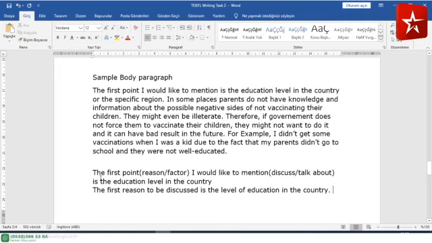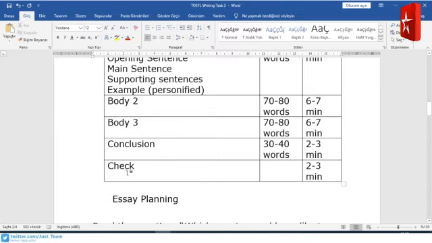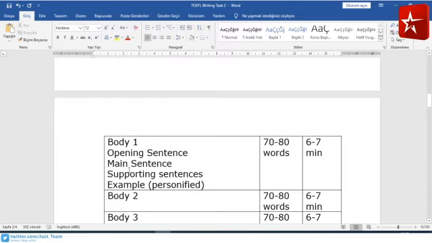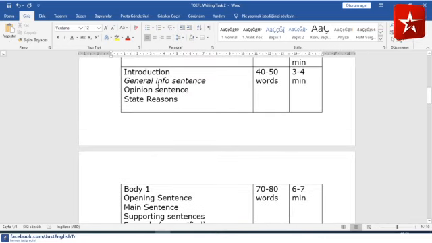Now, as for the conclusion paragraph, what we can write in the conclusion paragraph is very, very similar to our introduction paragraph. Remember, in the introduction, we write a general info sentence, an opinion sentence, and state the reasons.